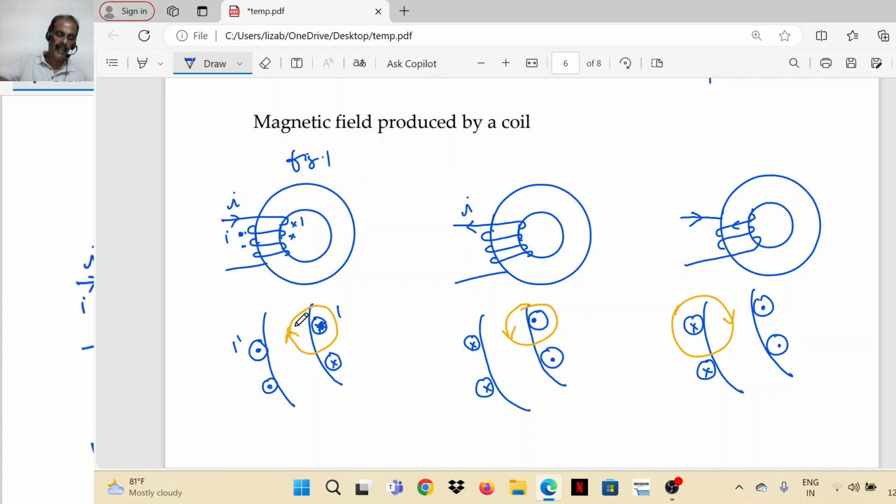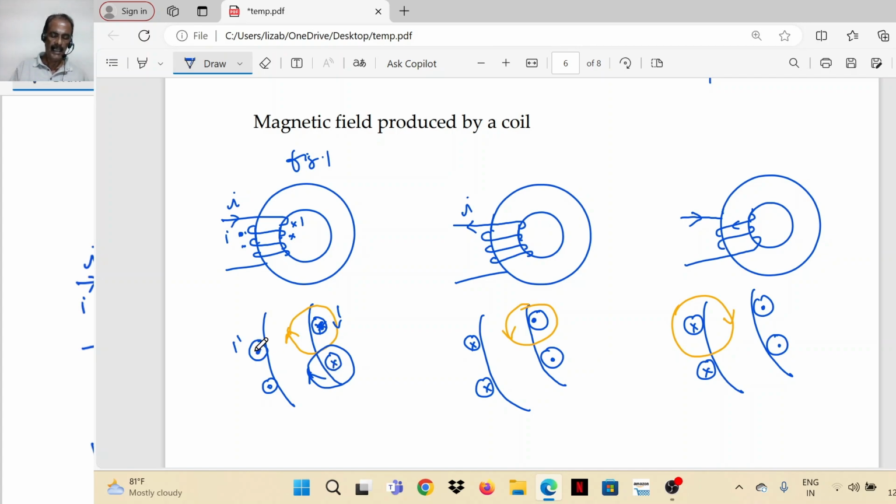Keep your thumbnail on this cross mark and see what is the direction of the magnetic field. You will get it like this. So this conductor also will produce the same.